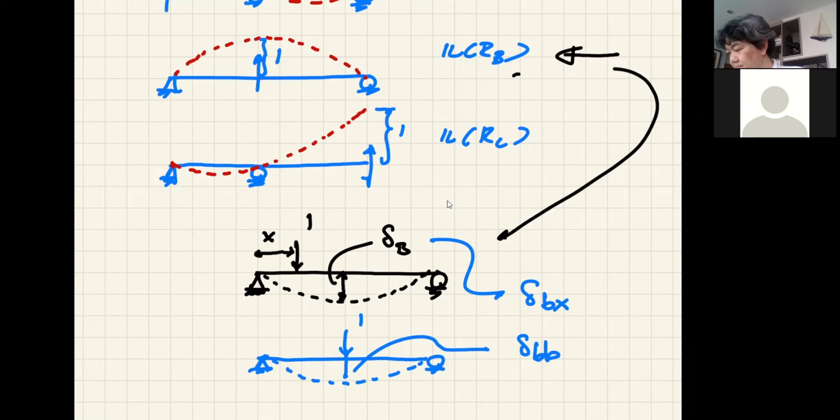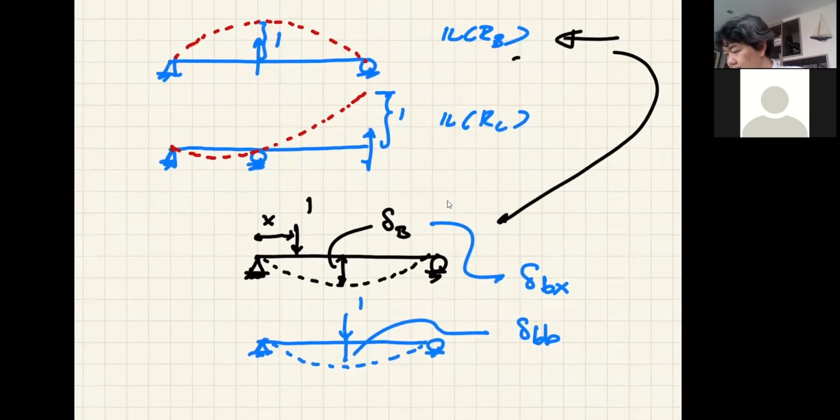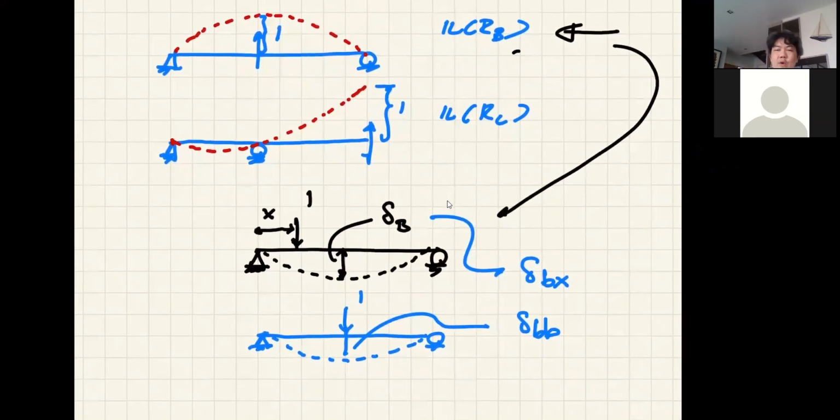But one more thing, if you are going to construct the influence line by applying the unit load at any X location and calculate delta BX all the time, that is one heck of a problem.